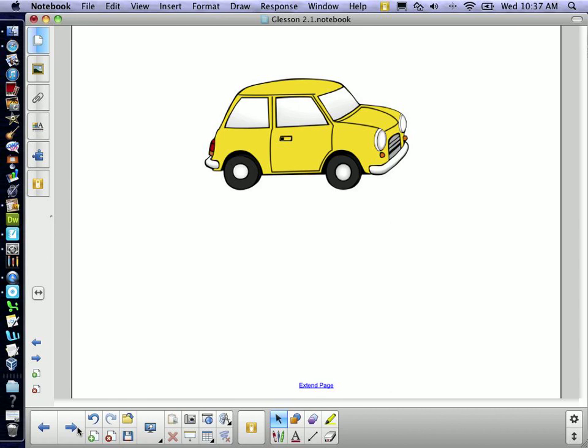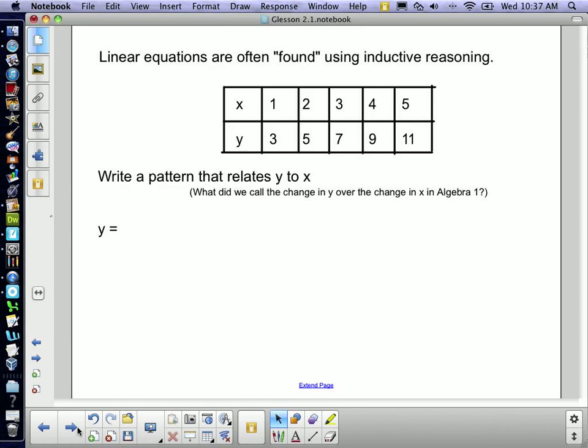So you kind of get the idea of counterexamples. We can also use inductive reasoning to help us figure out linear equations or relationships between numbers. Now this takes us back to Algebra 1, and you're going to find this all year long. This is going to be a really common theme.